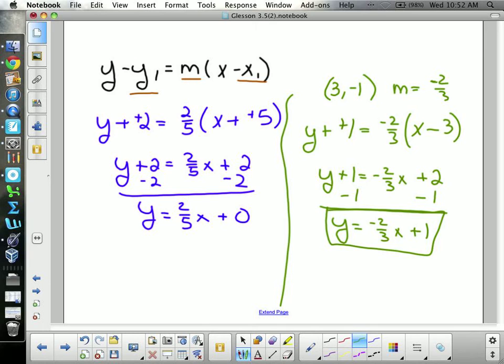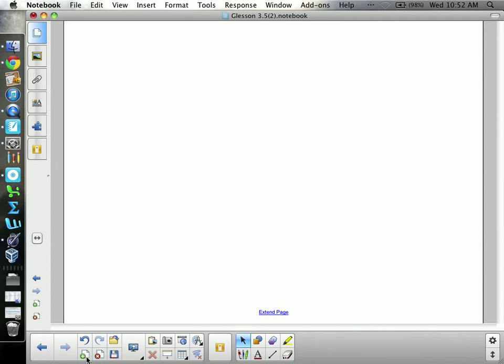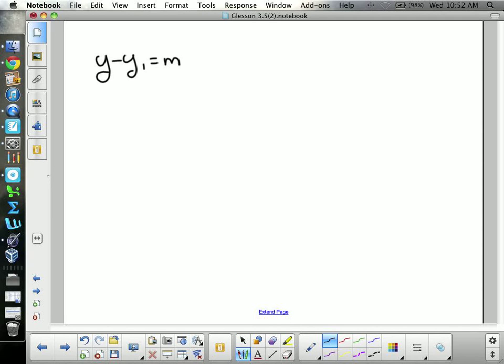How about number 12? There's a 0 in there. That can kind of mess people up. Okay. My point is 4, 0, slope is -1/2. Y minus what? Second number, I'm sorry. 0.